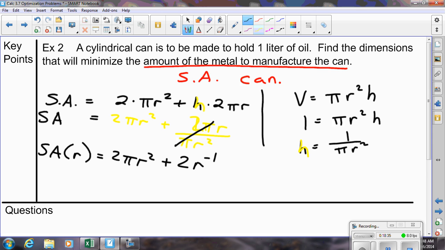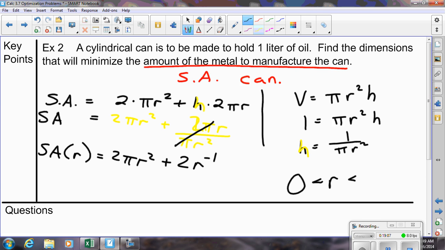What are the constraints on this? Obviously, the radius has got to be bigger than 0. Strictly speaking, I'm not sure there is a constraint on the radius.